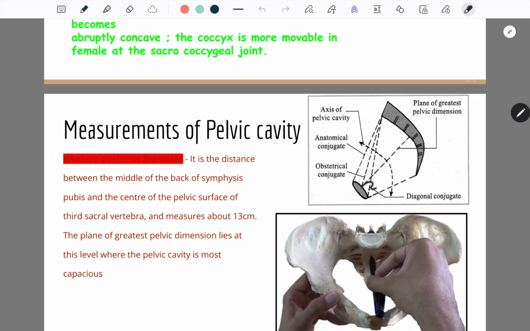The posterior surface of the middle of the pubic symphysis till the promontory is called the obstetrical conjugate, and the lower point of the pubic symphysis till the promontory is called the diagonal conjugate.